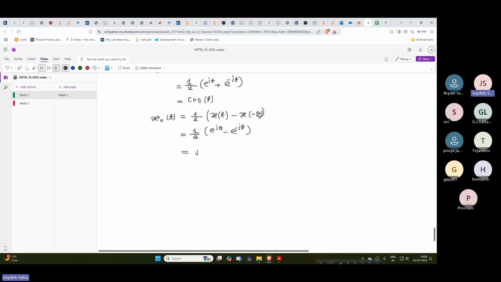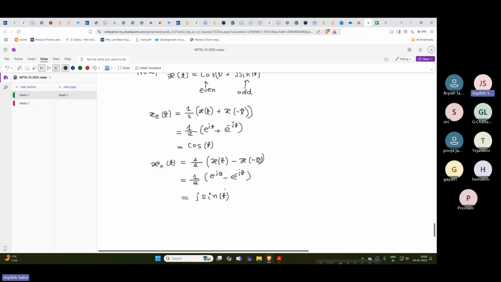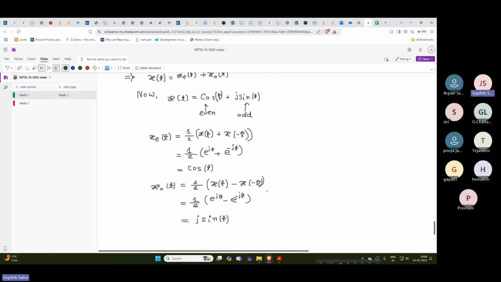This is nothing but j sin t. So using these two formulas, we can calculate.